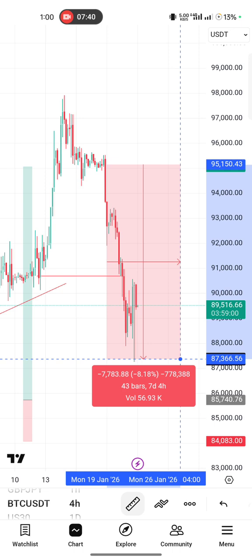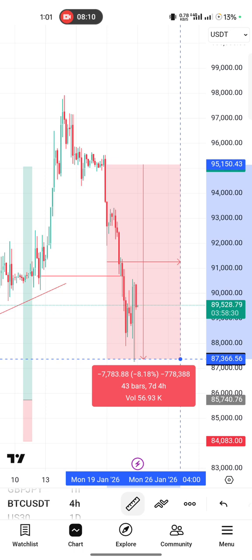So if you see, we pick our entry around 95,150 down to 87,366. The market dropped $7,783. So if we remove the 3 at the back of the 8, the market dropped 778 pips.